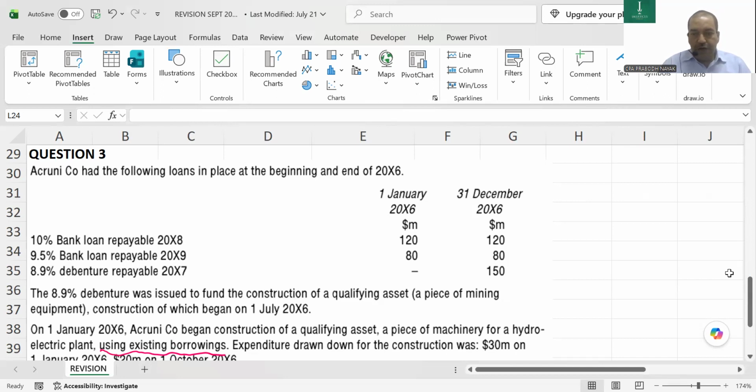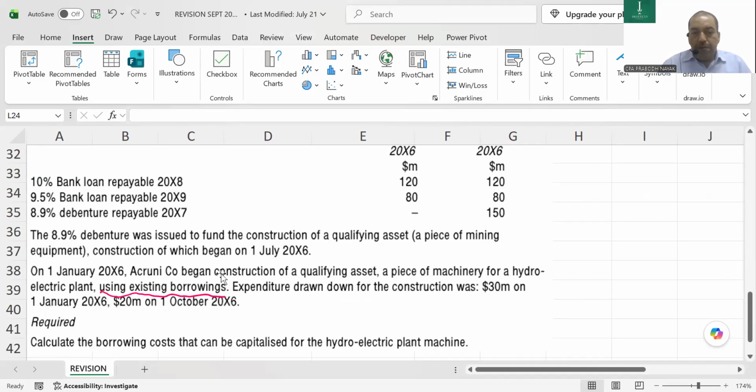Okay, that is the first thing. On 1st January 20x6, the company began construction of a qualifying asset, which was a piece of machinery for a hydroelectric plant using existing borrowings. Guys, please pay attention. The problem is a little bit tricky.